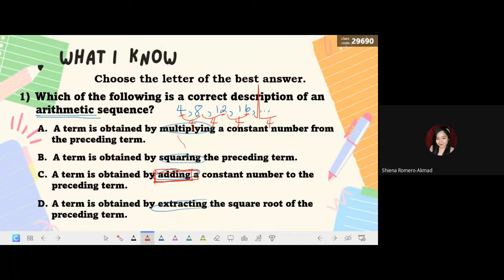Okay, and that's the arithmetic sequence. So for you to get the next terms, you have to add the preceding term with a constant number. And we call this constant number as the common difference. Ang tawag natin dyan ay common difference.